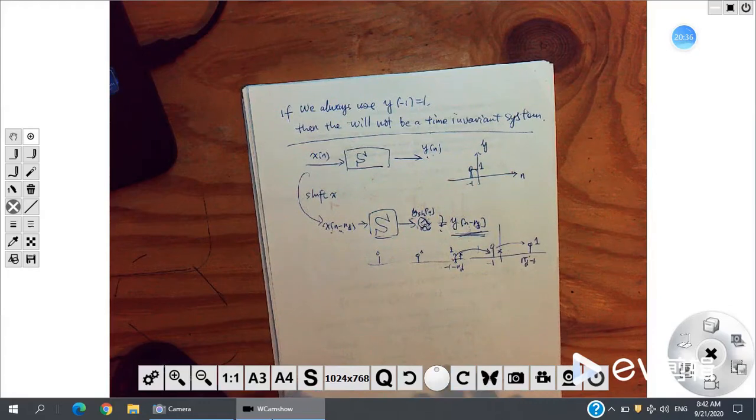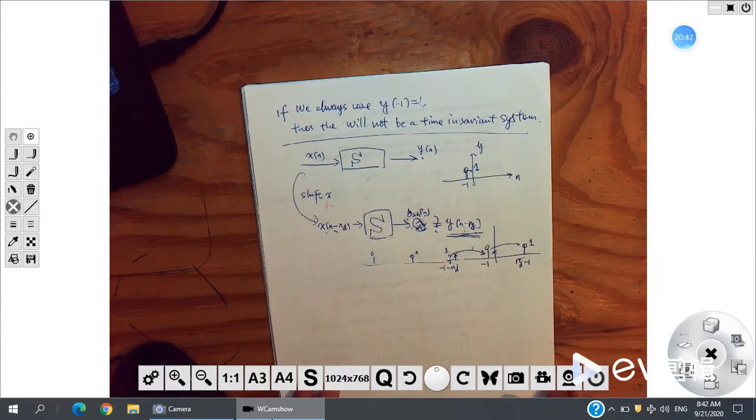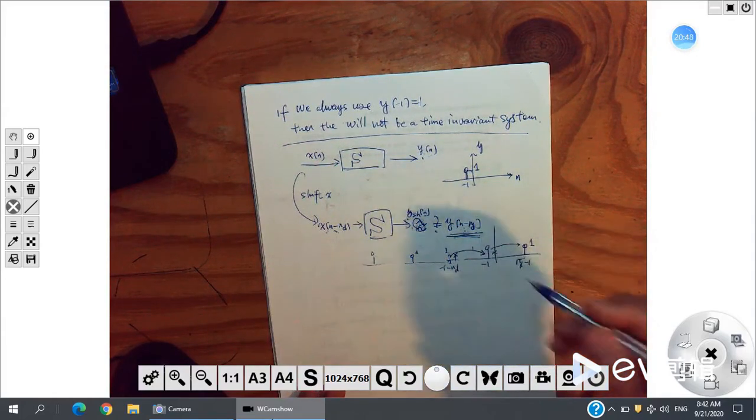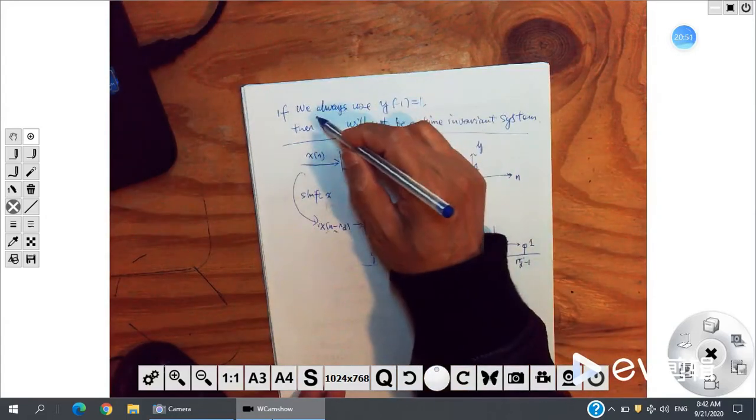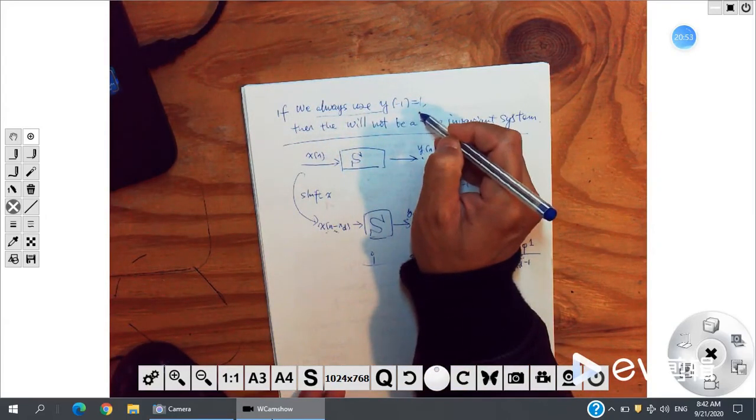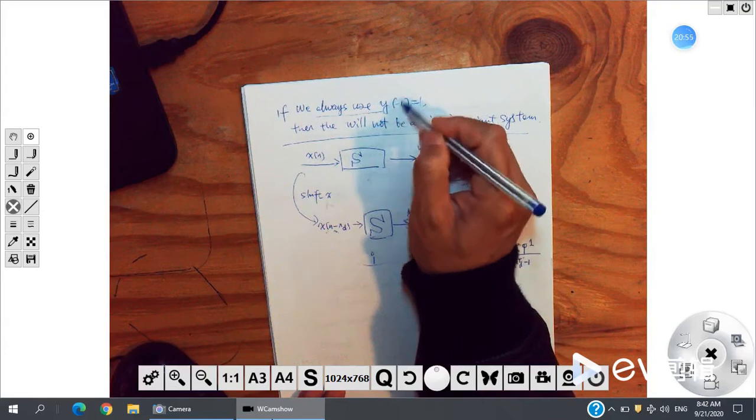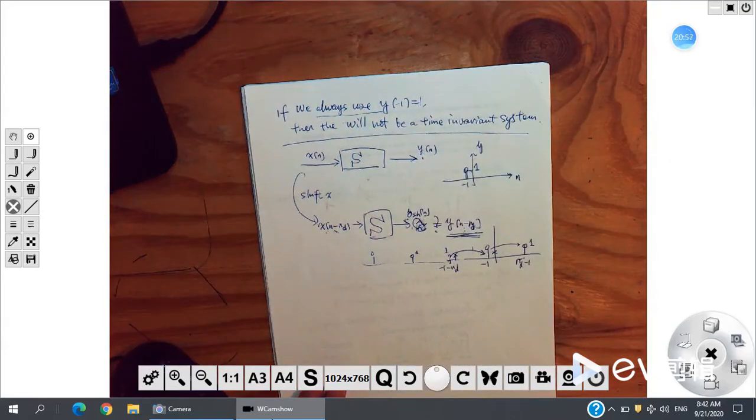But by difference equation, sometimes you can have a system that is not linear, not time invariant. Why do we have that? Just because we always use some fixed value for all the output as the initial value. Yeah, we really have unique initial value for all of them. So it is not time invariant. Alright.